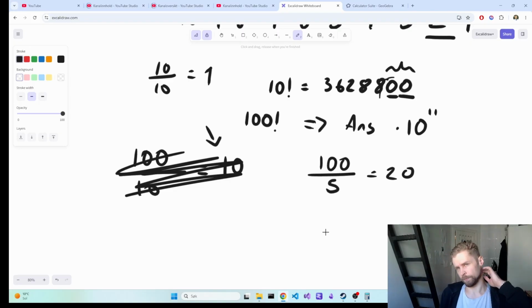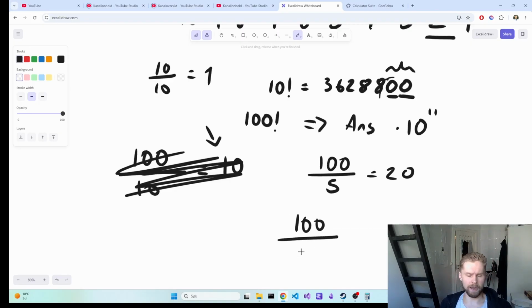Here's the thing, though. They also say, what about 100 divided by 25?